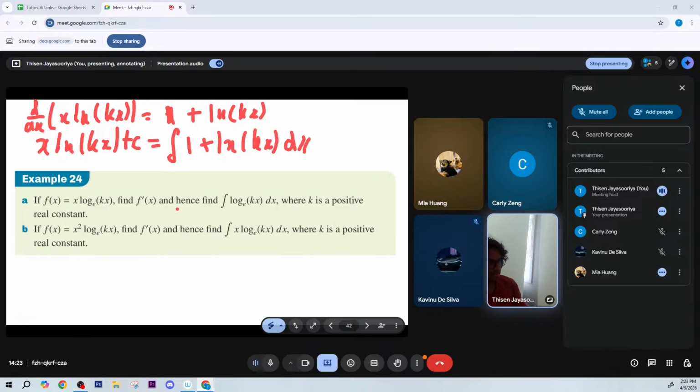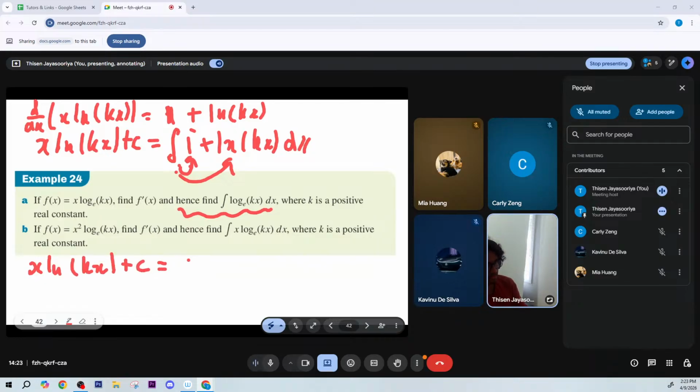So it says here, hence we want to find this part, yeah? So we've done this. Now, there's an interesting property of the integral where we can distribute the integral to each one of these expressions. So here, I can rewrite this as x ln of kx plus c equals the integral of 1 dx plus the integral of ln kx dx.